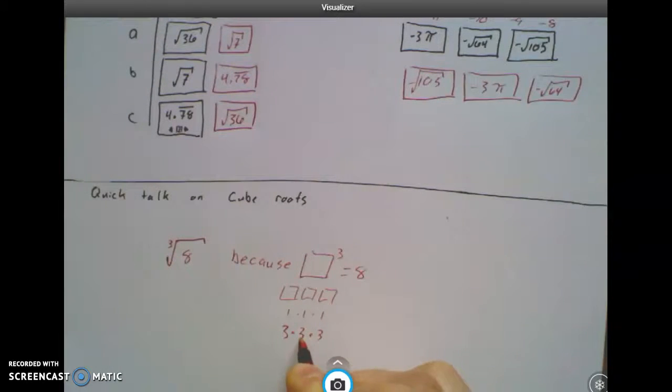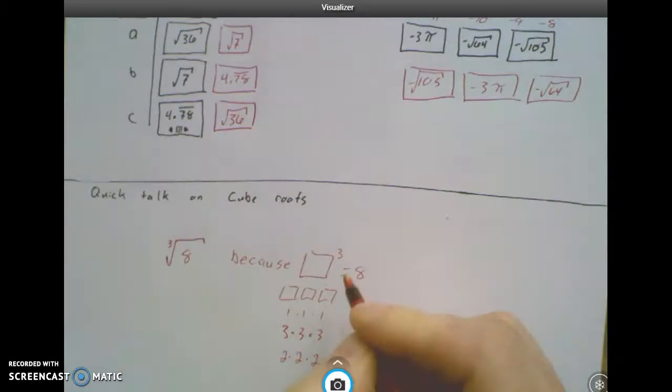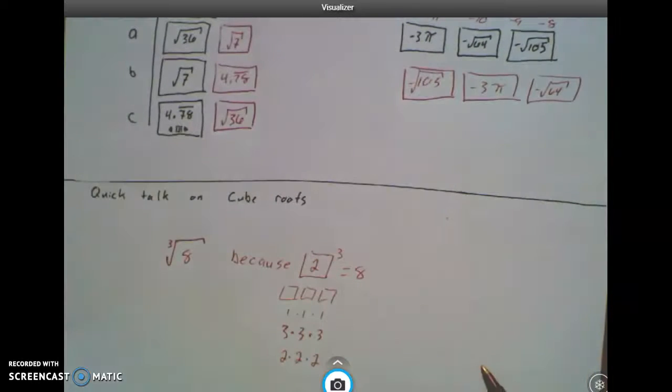I'm already too big. And then times another 3 would give me 27. So that doesn't work. I know this one was too big, that one was too small, so it's the number right in the middle. It's 2, right? Because 2 times 2 is 4, times 2 is 8. So the number here has to be 2.